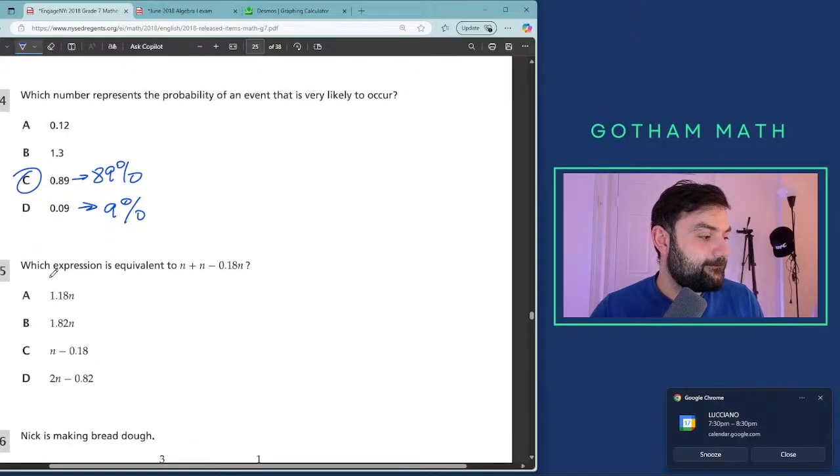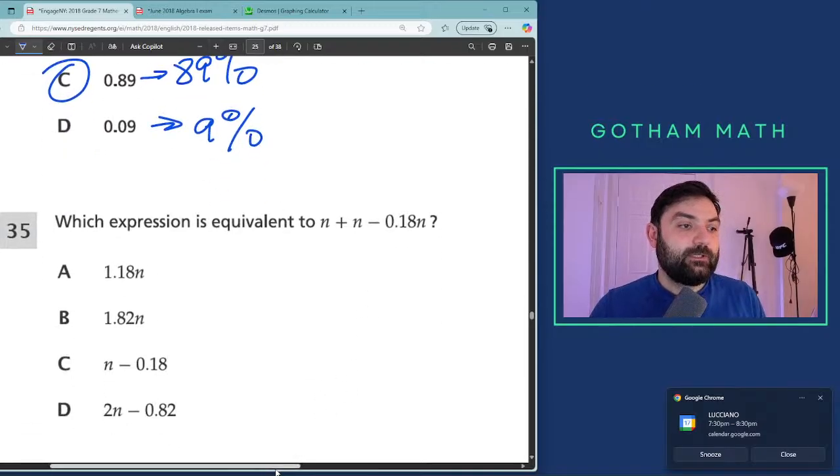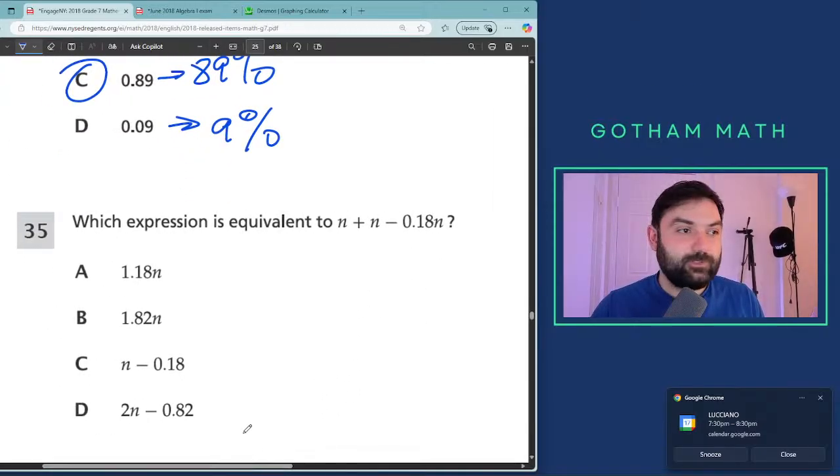Oh, yeah, 35. Okay, so it's an algebra question. It's combining like terms, and which expression is equivalent to n plus n minus 0.18n. All right, so what are we doing here? We're combining like terms. What is n plus n? Well, you need to know that in algebra, we don't put ones in front of the variables, but they're actually there. It's 1n plus another 1n. If there is something other than 1, we put it.